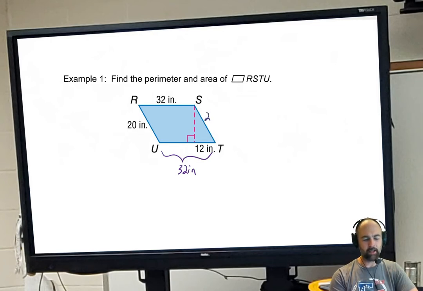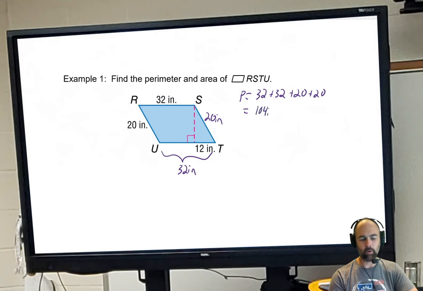Also, ST is going to be 20 inches because it's going to match RU. And therefore, my perimeter is just going to be 32 plus 32 plus 20 plus 20. Let's see, that gives me 64, 84. So my perimeter is 104 inches.